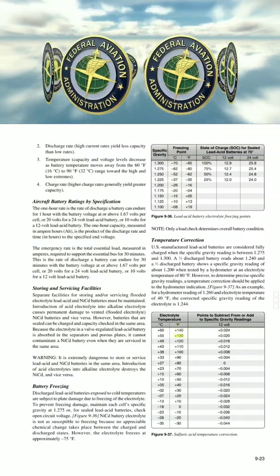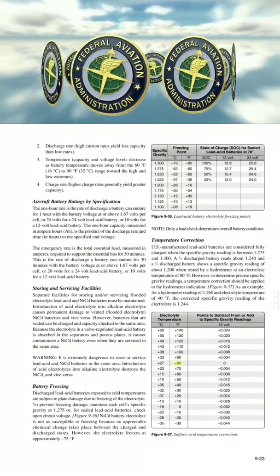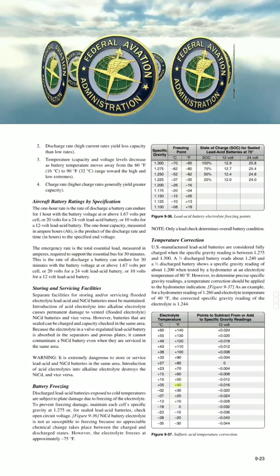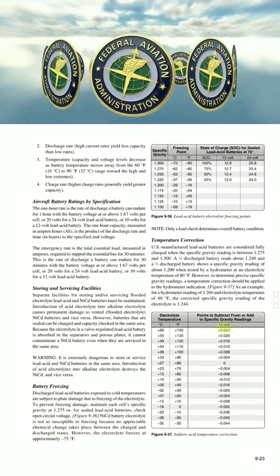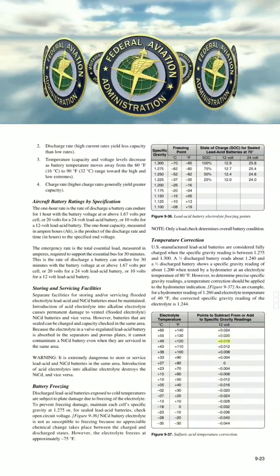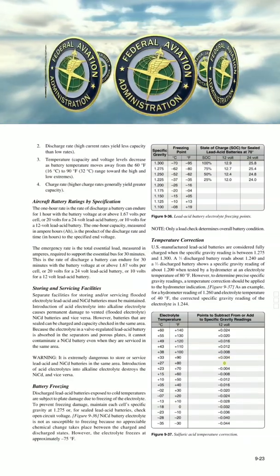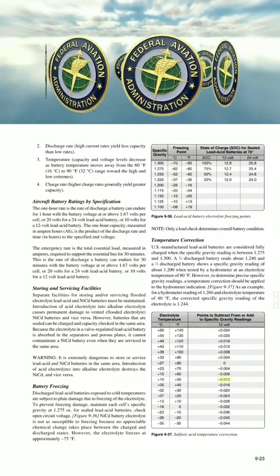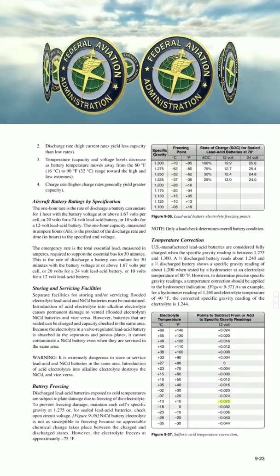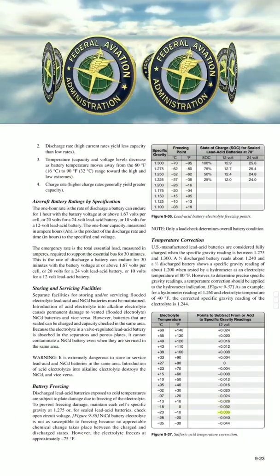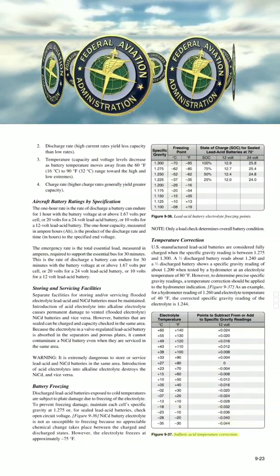Degrees F: plus 140, plus 130, plus 120, plus 110, plus 100, plus 90, plus 80, plus 70, plus 60, plus 50, plus 40, plus 30, plus 20, plus 10, 0, 10, 20, 30. 12 volt: plus 0.024, plus 0.020, plus 0.016, plus 0.012, plus 0.008, plus 0.004, 0, 0.004, 0.008, 0.012, 0.016, 0.020, 0.024, 0.028, 0.032, 0.036, 0.040, 0.044. Figure 9-37. Sulfuric acid temperature correction.